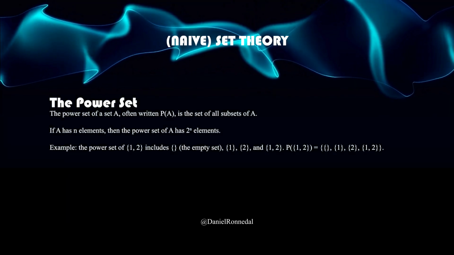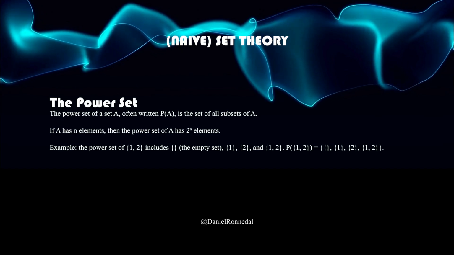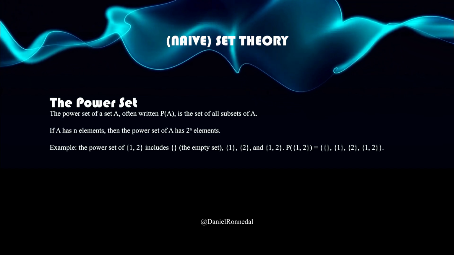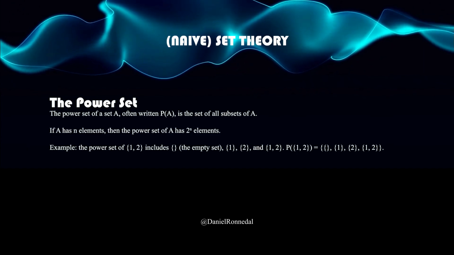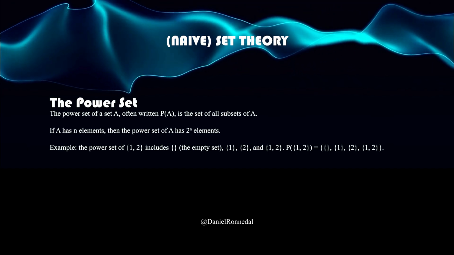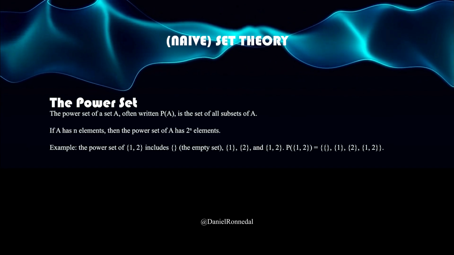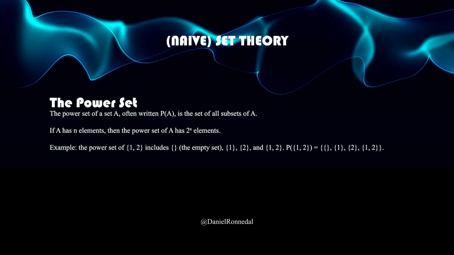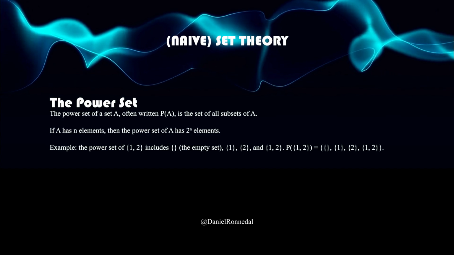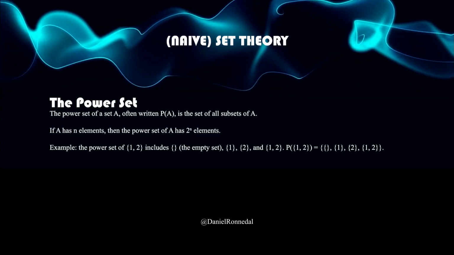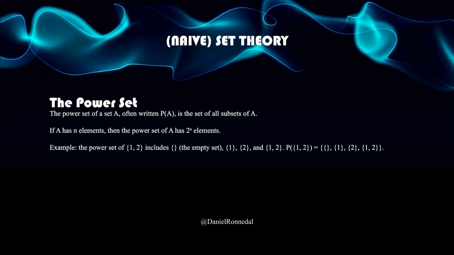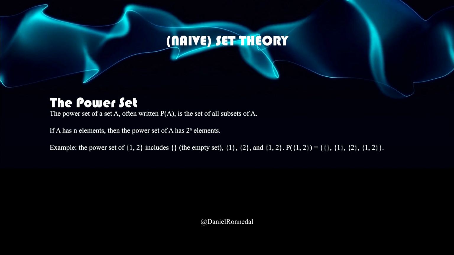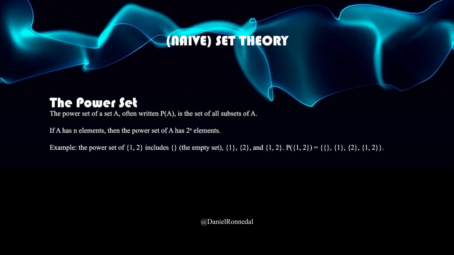The power set of a set A, often written P(A), is the set of all subsets of A. If A has n elements, then the power set of A has 2 to the power of n elements. Example: the power set of the set whose only members are 1 and 2 includes the empty set, the set whose only member is 1, the set whose only member is 2, and the set whose only members are 1 and 2.